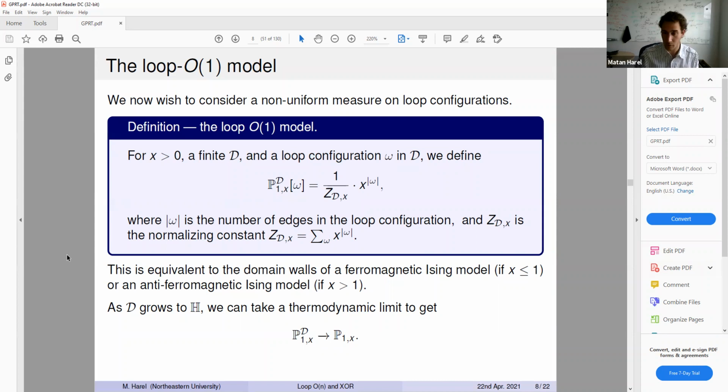That is 100% correct, but there is no known coupling, and I don't believe there's going to exist one, such that I can have one huge probability space. That is, I slide x to the right, and all I do is increase edges and have loops appear simultaneously. If I stop at any given x, I see the loop O1 model of x. There are no such monotone coupling events.